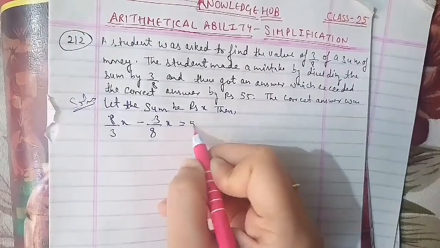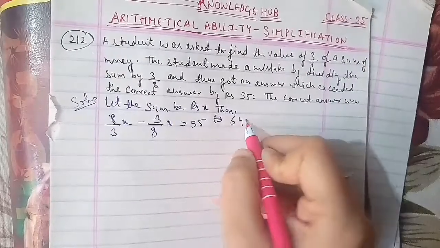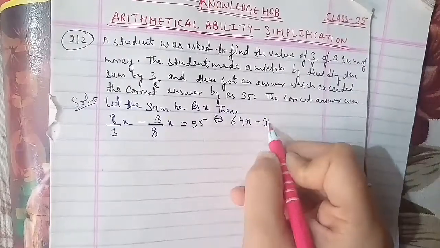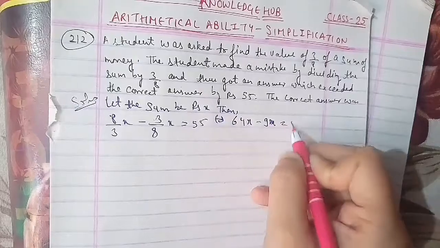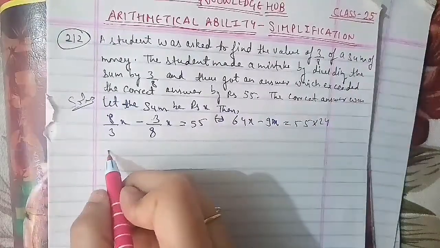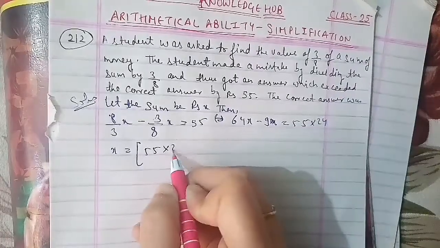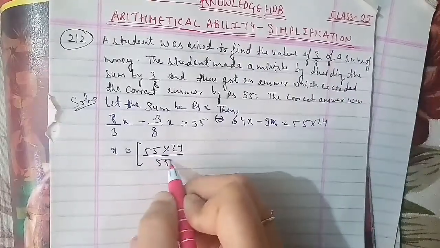That is, 64x minus 9x equals 55 into 24. Further, x equals 55 into 24 upon 55. 55 and 55 cancel out, and we get 24.